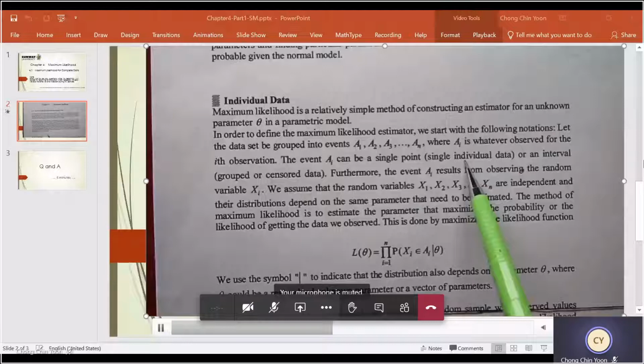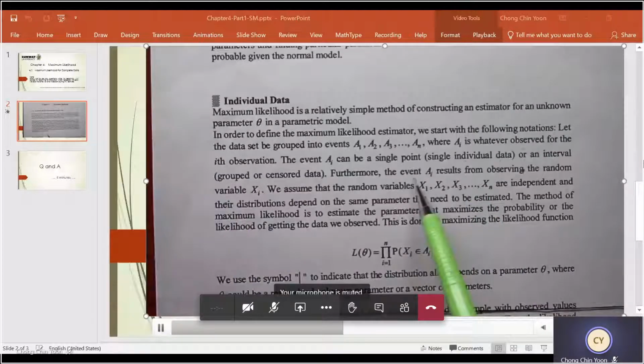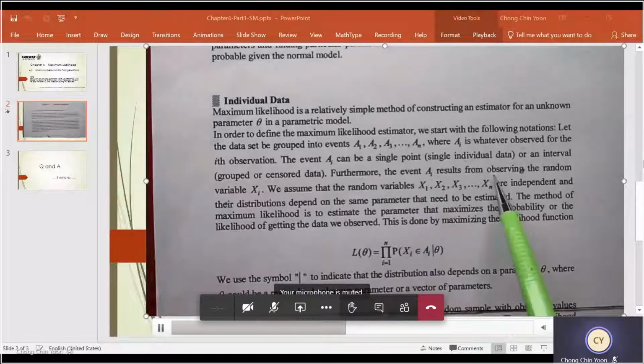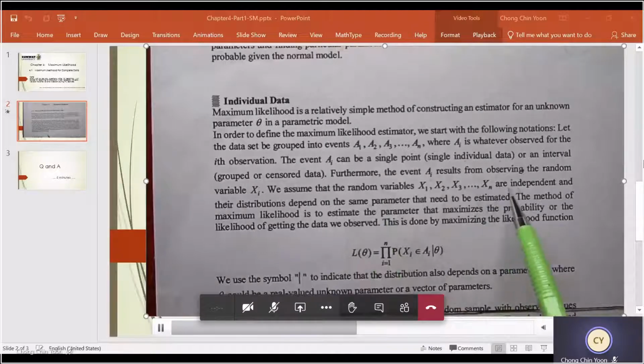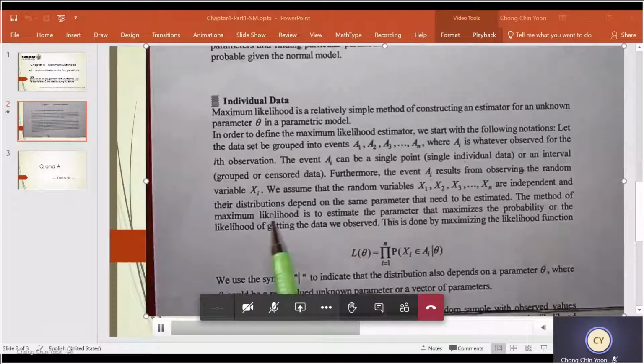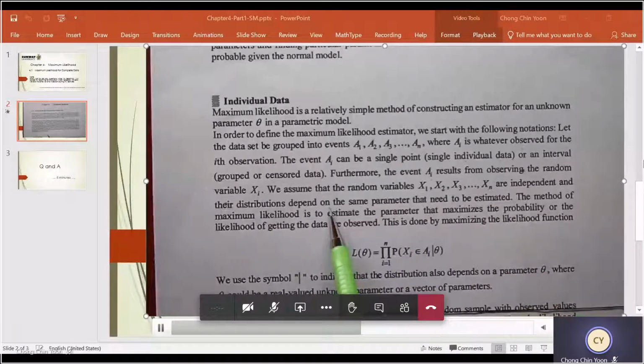Furthermore, the event Ai results from observing the random variable Xi. We assume that the random variables X1, X2 until Xn are independent and their distributions depend on the same parameter that needs to be estimated.